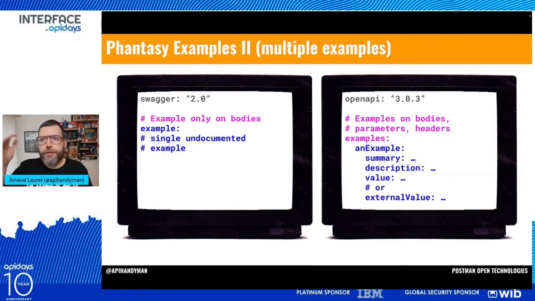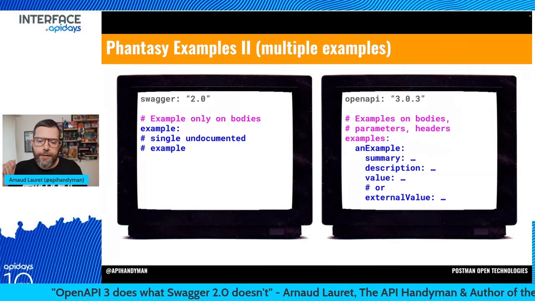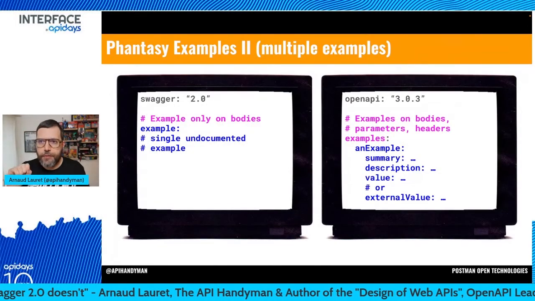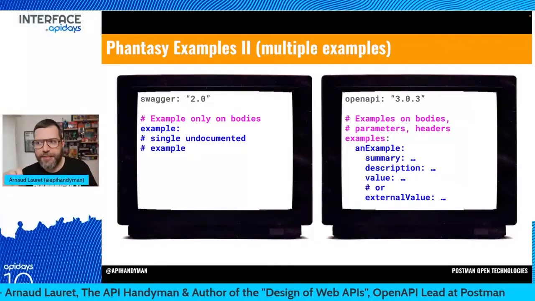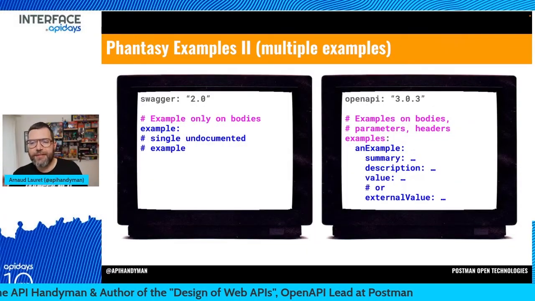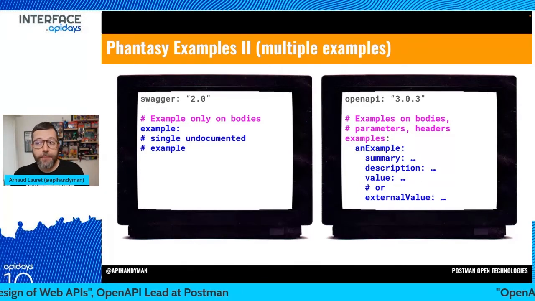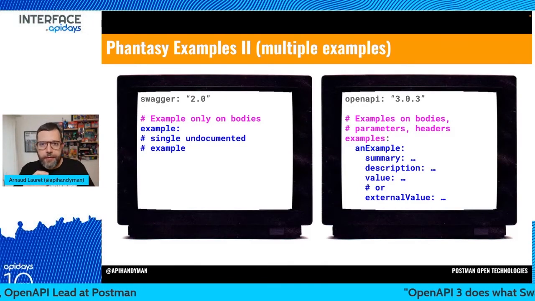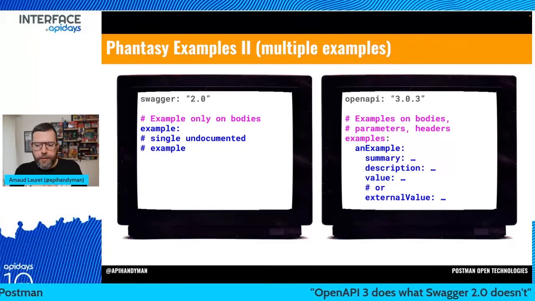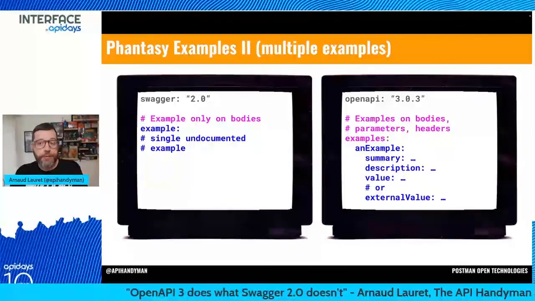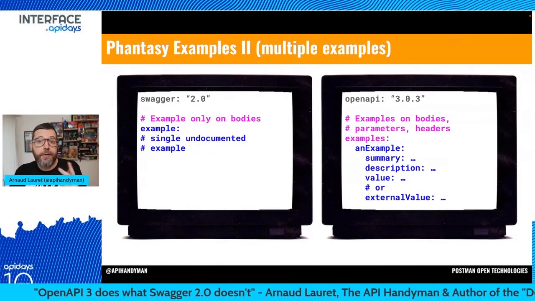Let's talk about documentation now. One thing that I really like with OpenAPI 3, and not only because I participated in this discussion at the beginning of OpenAPI 3, is that you can have multiple examples that are documented. In Swagger 2, you could have examples only on request and response bodies, no examples on headers and parameters.